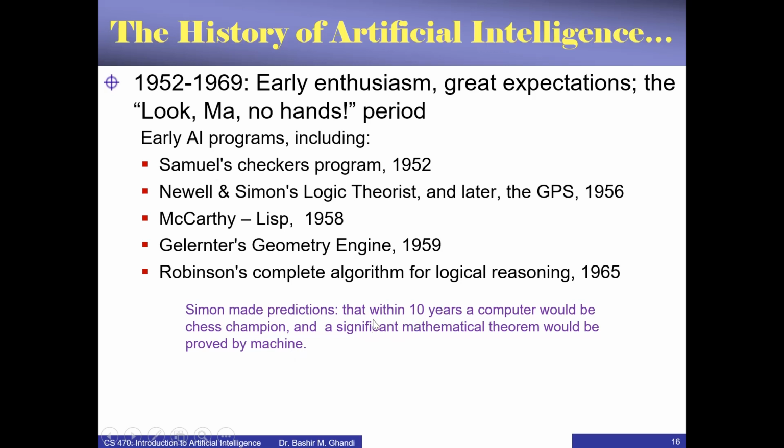Of course, although his prediction came true, that a computer beat the world champion, as we will discuss later, it didn't happen in 10 years. It actually happened after 40 years. Such was the enthusiasm at that time.